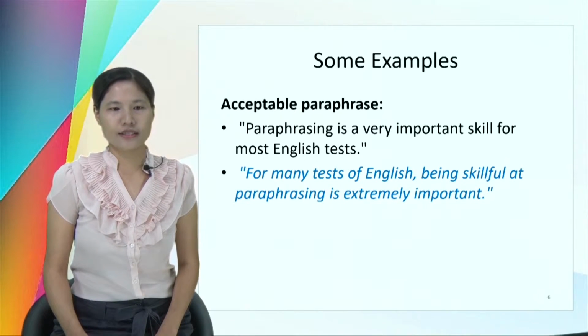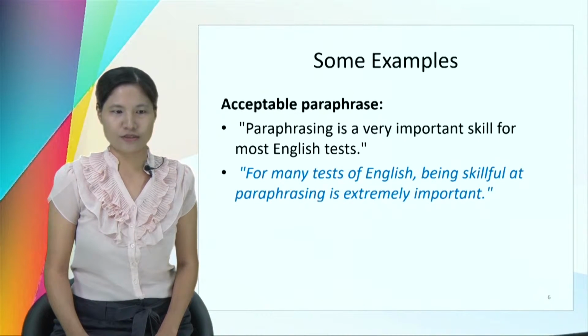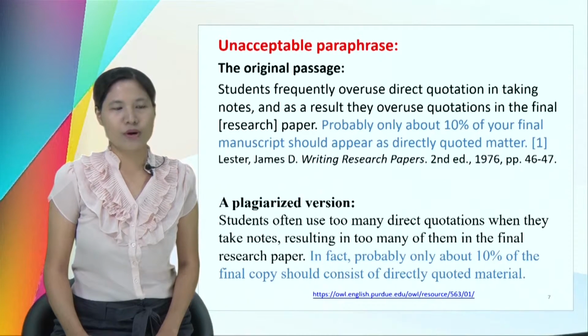And then skill, that's a noun, 名词. But in the second line we use being skillful, that's the adjective, 形容词。But what about some unacceptable paraphrase that could be a plagiarized version?